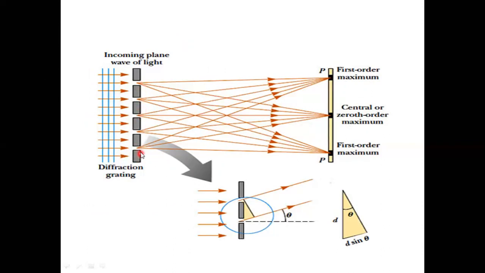All the rays which move without any bending or divergence collect here and superimpose to give the central maxima. This bright spot at the center of the screen is called the central maxima, or zero order maxima.